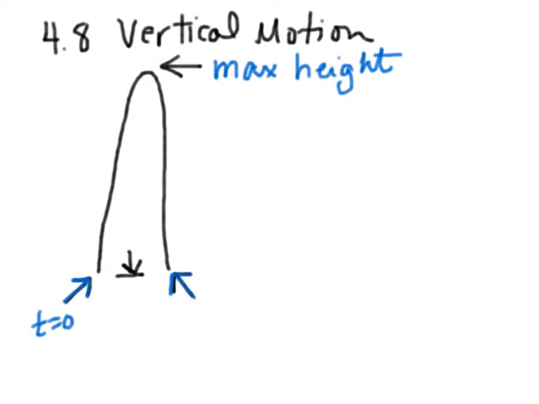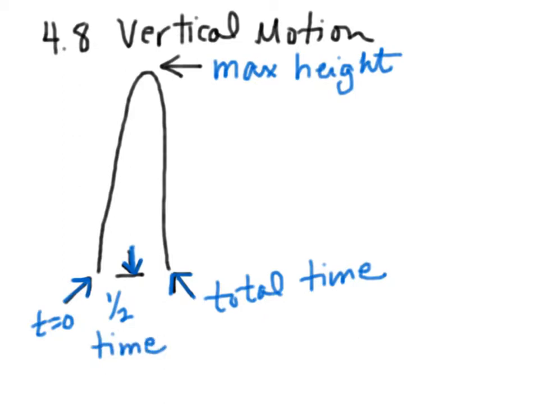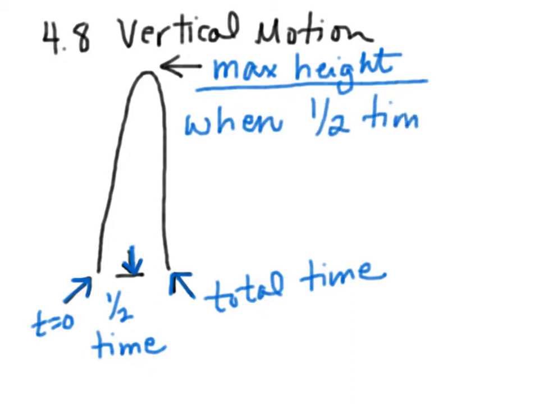This point to the right is total time traveled, whatever that is. And this little arrow right here shows the half time. And the half time is important because this is when maximum height occurs, when half the time has elapsed.